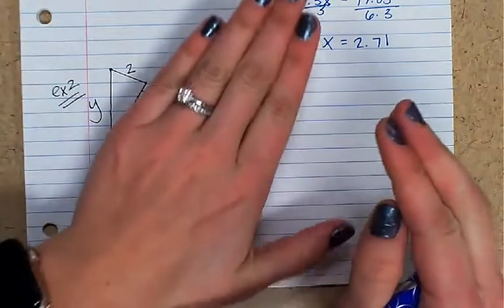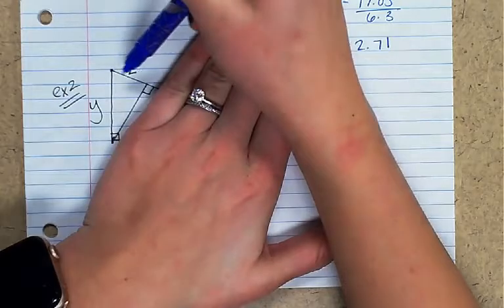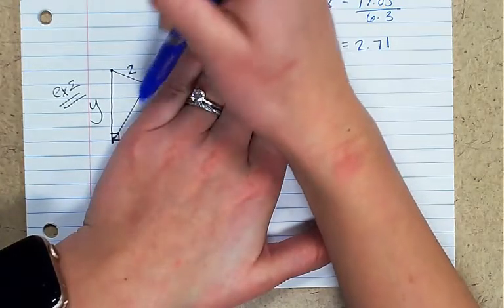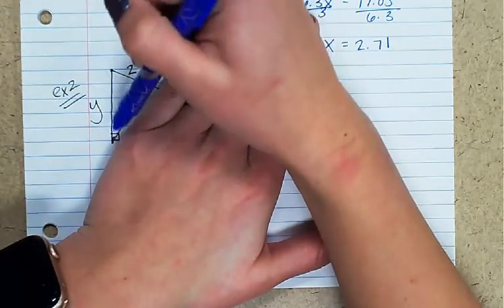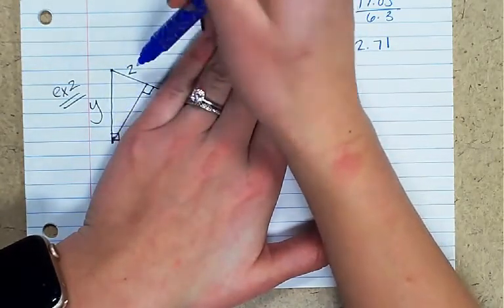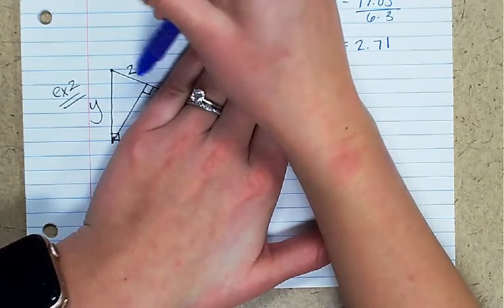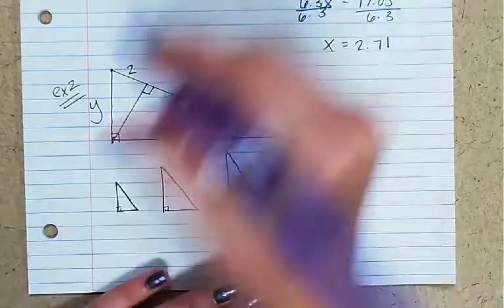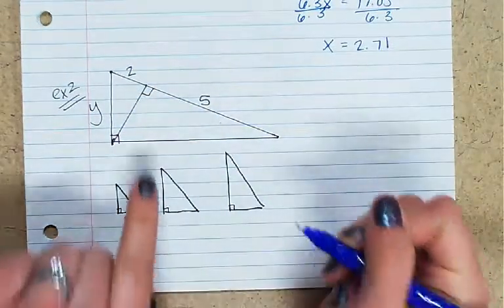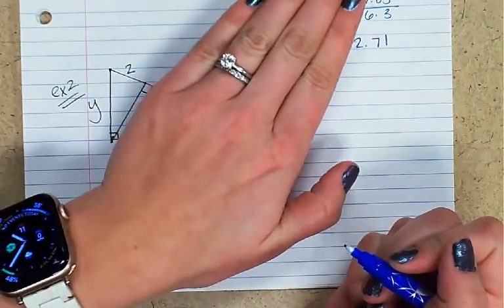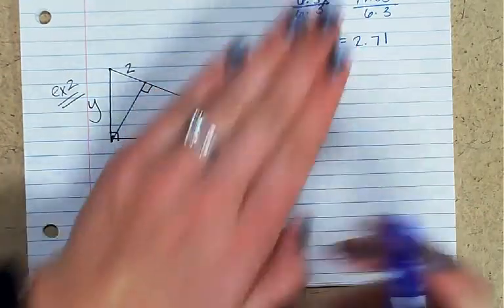Looking at the little triangle, this is what I call the short leg, this is the medium leg, and then the hypotenuse is always the longest. I know the short leg of the little triangle is 2. I always put the short leg on the bottom. And I know the hypotenuse of the little triangle, because that's opposite the right angle, is y.